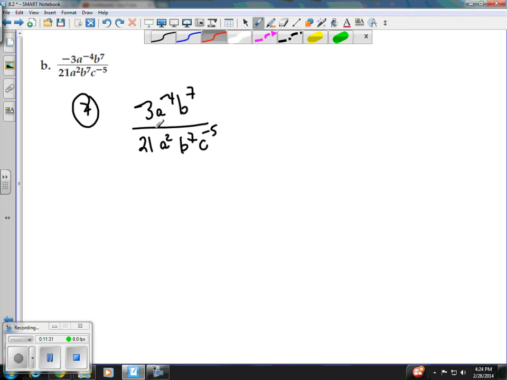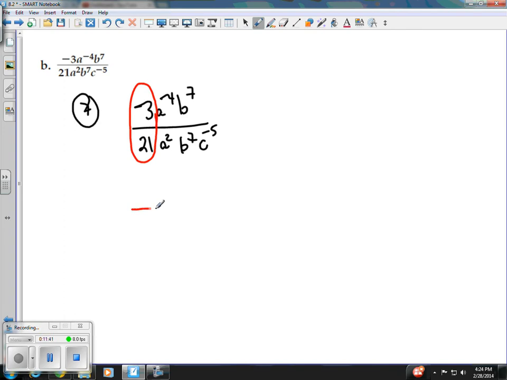So the first thing we want to do is see if we can divide or reduce our coefficients. So negative 3 divided by 21. 21 is on the bottom, so that means we're going to end up with a fraction. 3 can go into negative 3, negative 1 times. 3 can go into 21, 7 times.